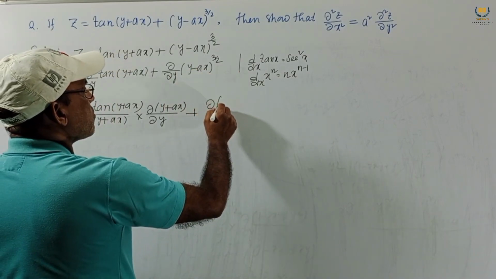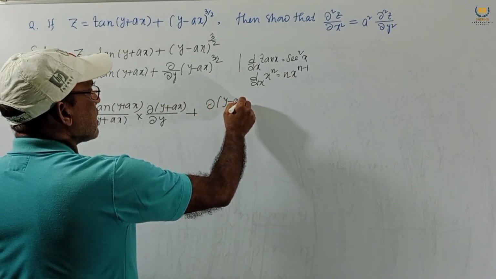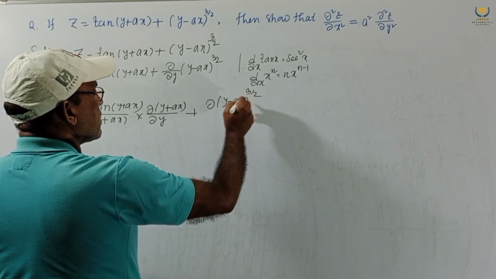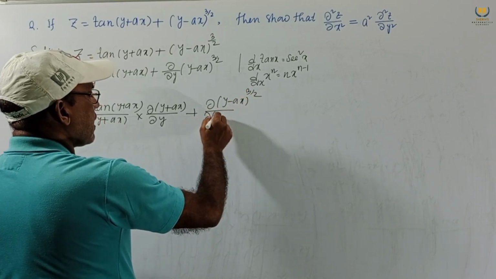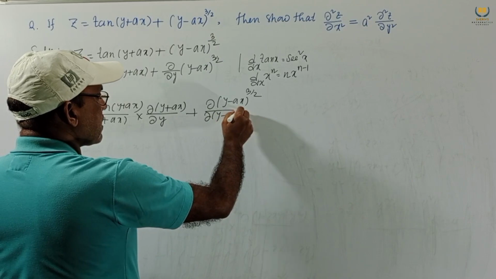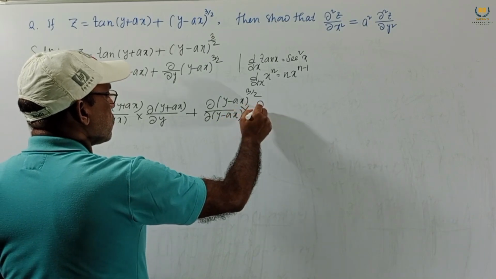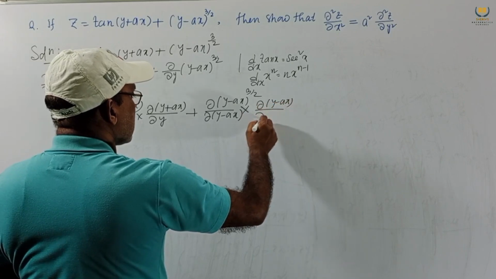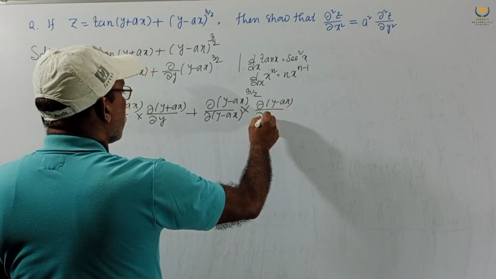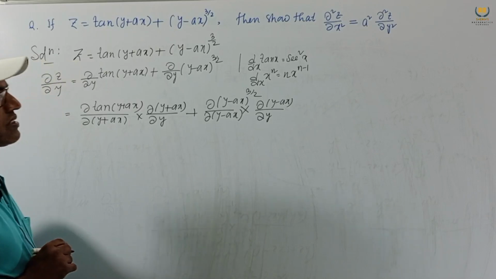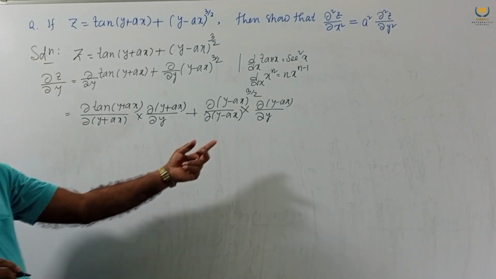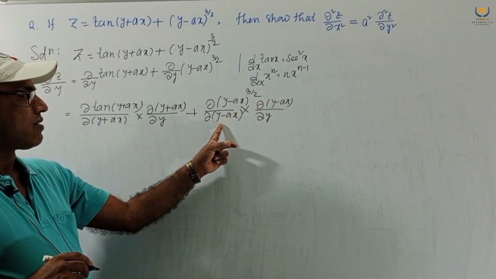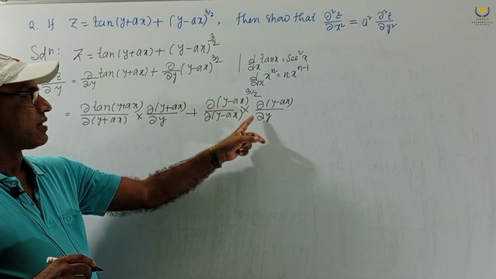Again using the chain rule, (y minus ax) whole to the power 3 by 2, del (y minus ax) into del (y minus ax) del y. Using the chain rule, we get this. We write this extra, here also extra, this cancels, ultimately we get this and this.